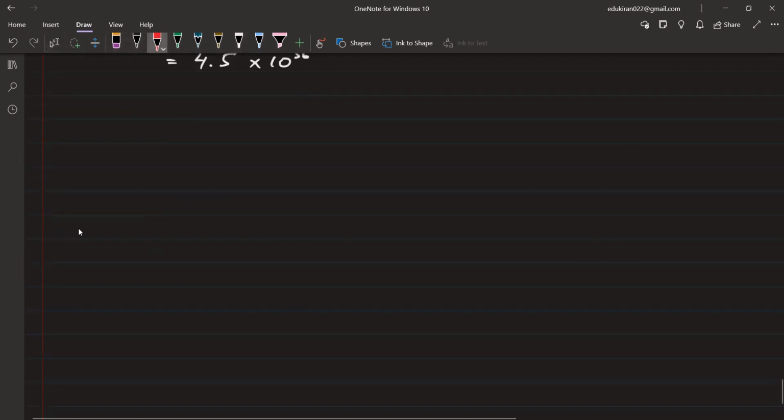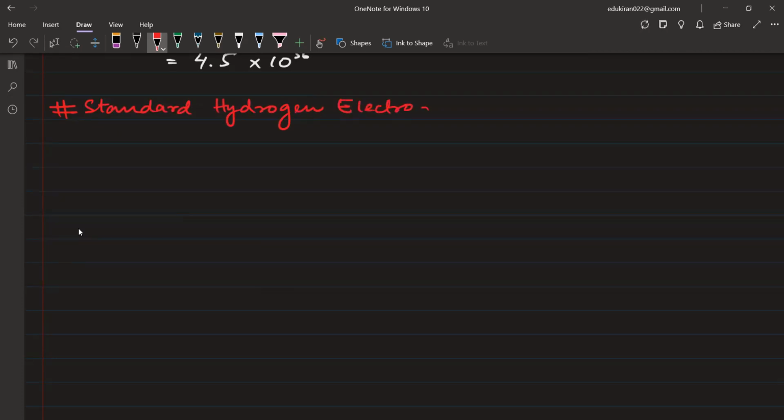Standard hydrogen electrode. This has also been abbreviated as standard hydrogen electrode.